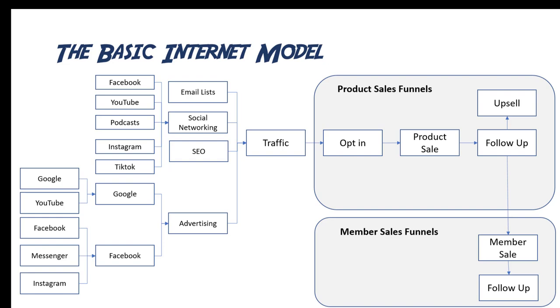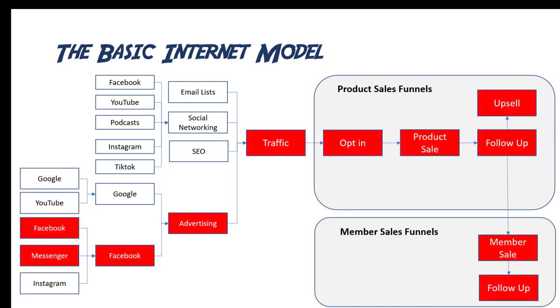But oh my gosh, look at this picture. Does that look complicated or what? Of course it does. And so what you've got to do is narrow down what you're going to do. You can't be good at everything. In time you can, but you can't be good at everything right away. So how are you going to narrow it down? We recommend that you get started by focusing on the items marked in red.